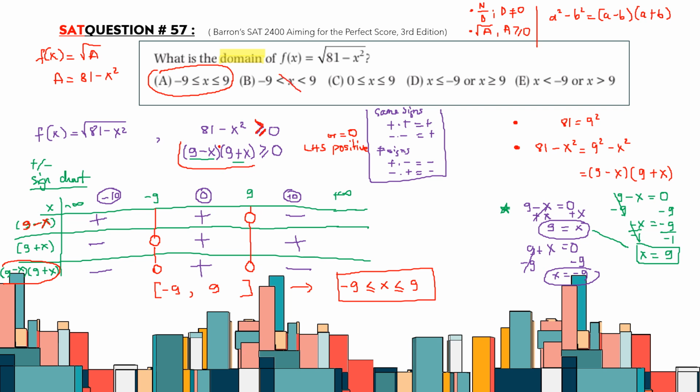So B you can just eliminate, and E as well. D fails this check. And also the part between 0 and 9 fails for C. So A is the correct answer.